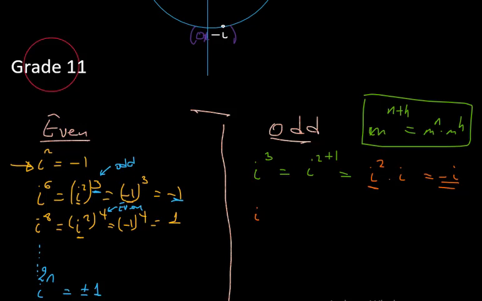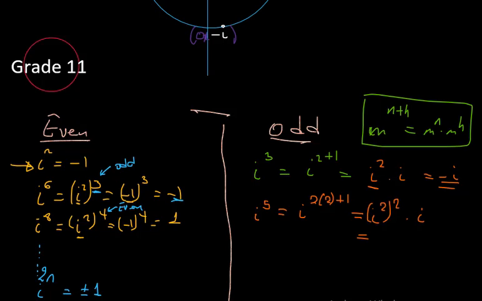i to the power of, let it be 5. This is a bit different. This is the same as i to the power of 4 plus 1, or 2 times 2 plus 1. Let's split this into i to the power of 2, to the power of 2, times i.